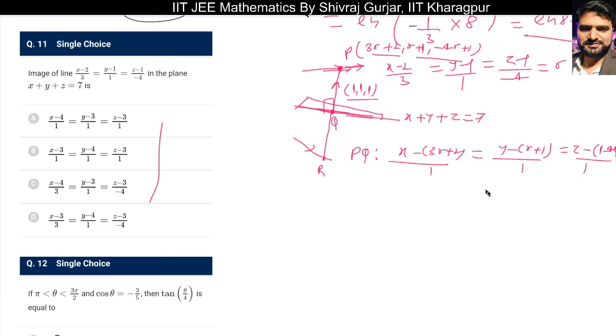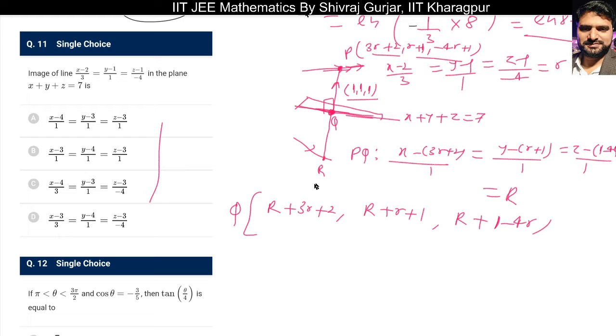This is PQ. Let us take some other parameter R. Then the coordinates of Q will be in terms of R. What will be the coordinates of Q? R plus 3r plus 2, comma, r plus 1 plus R, comma, R plus 1 minus 4r. That is point Q.